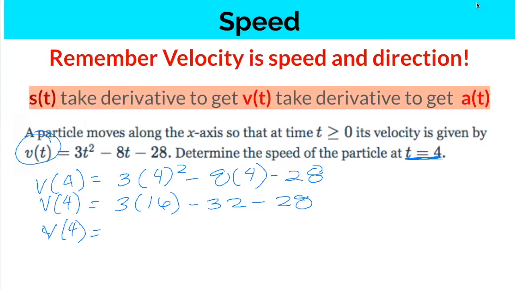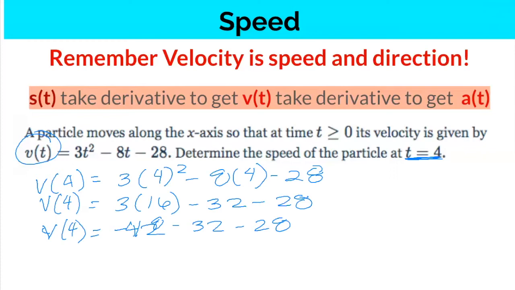All right, so we're gonna have 48 minus 32 minus 28, and that means your speed should be negative 12. Okay, so that's not our speed. We just found our velocity. So our velocity is negative 12, but we need to find our speed. So we know that speed is always positive, so that means our speed is going to be 12.